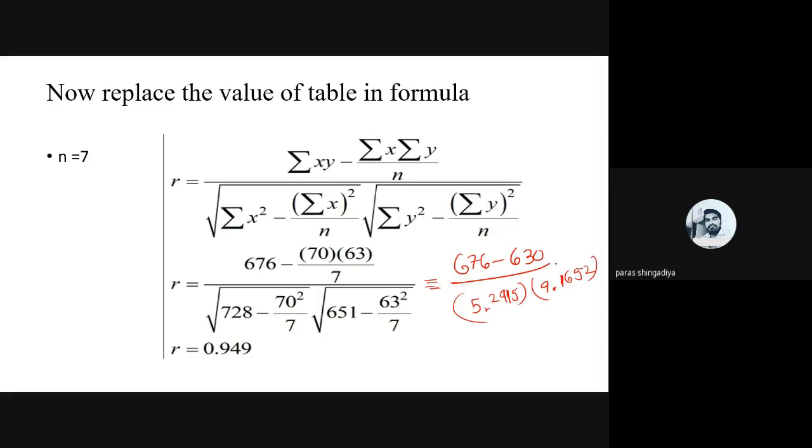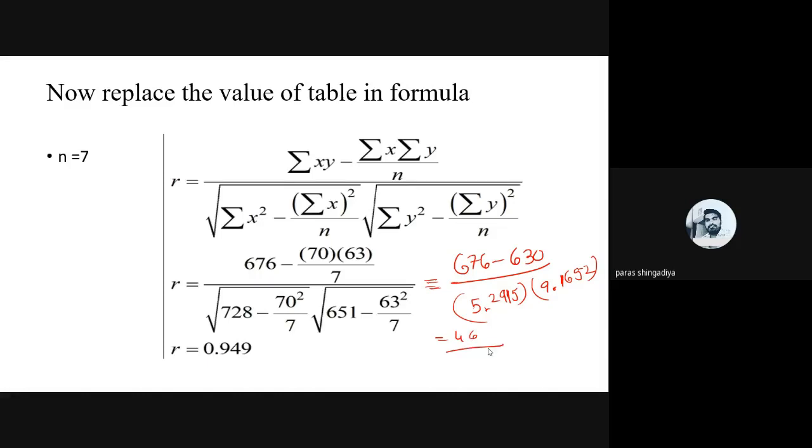Now check the difference in the numerator and consider the product in the denominator, and then check the division. 676 minus 630 is equal to 46, divided by the product.